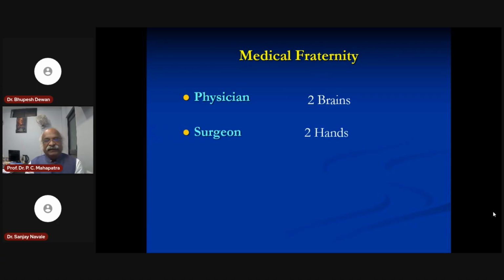Believe me, we have the same concept of alleviating the sufferings, but the temperament is different. The temperament of a physician: he thinks that he has two brains. With two brains he can think anything and win the world by thinking only. Whereas the surgeons think that we have got two hands. Our two hands can do anything in the world.